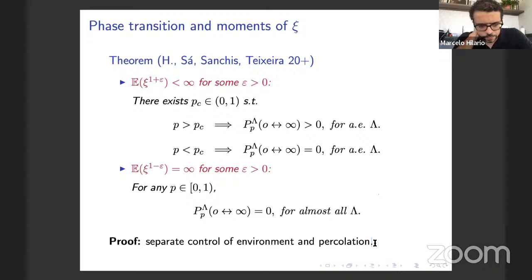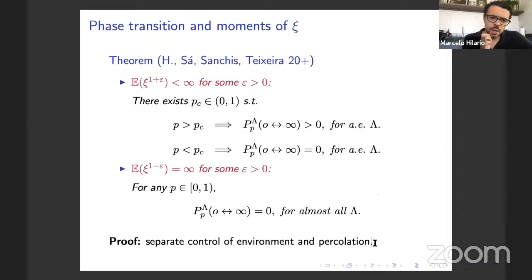In the remainder of the talk, I will try to give some hints on how to prove this result. What I wanted to mention is that the proofs of all of the results that I talked about previously also go in the same direction, in the sense that you come with a renormalization argument and try to control the environment first, and then once you have the environment controlled, you try to control your calculation on top of the environment, right?